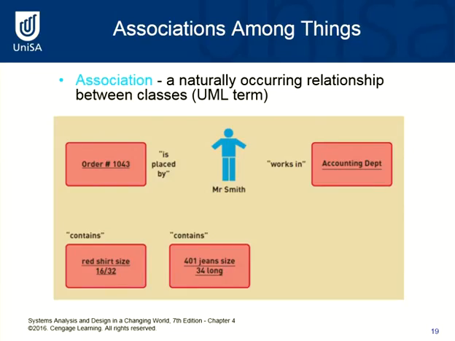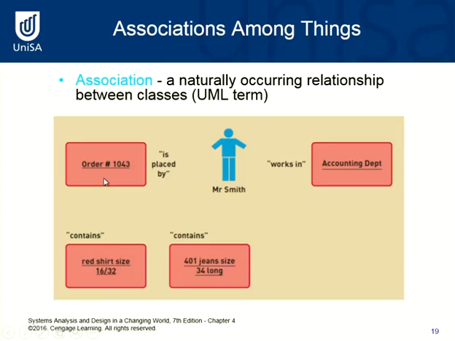So we may have an order, we may have an accounting department, we may have a red shirt, size 1632, 401. So Mr. Smith works in the accounting department. An order is placed by Mr. Smith. Mr. Smith has a red shirt and has jeans size 34 long.